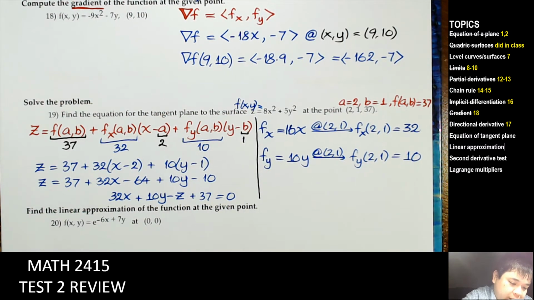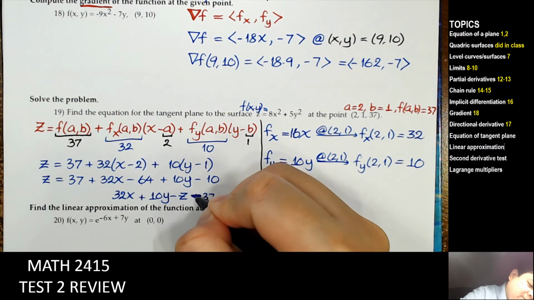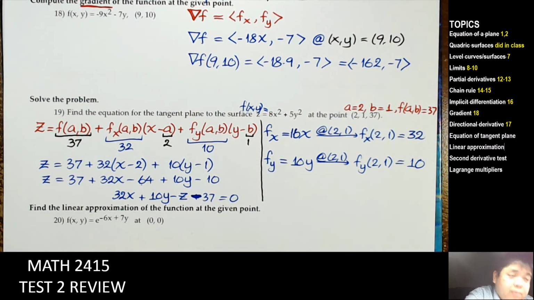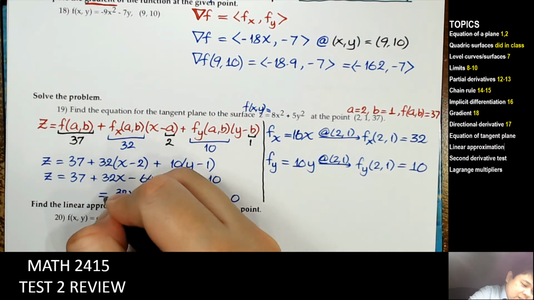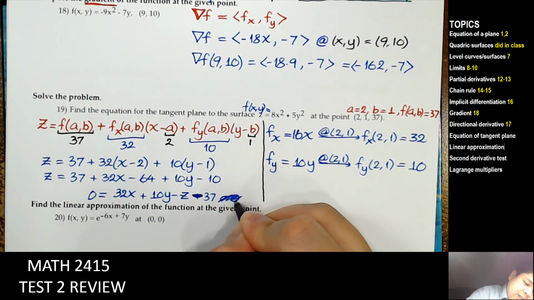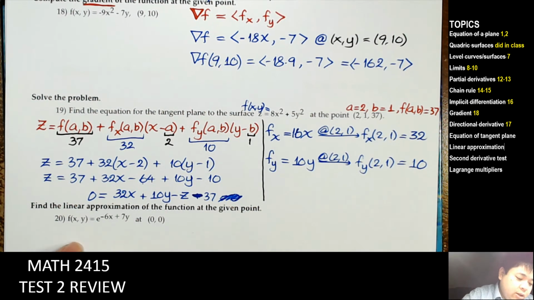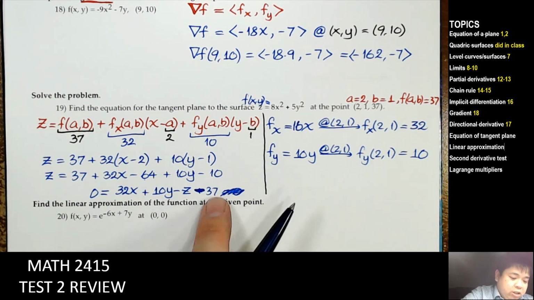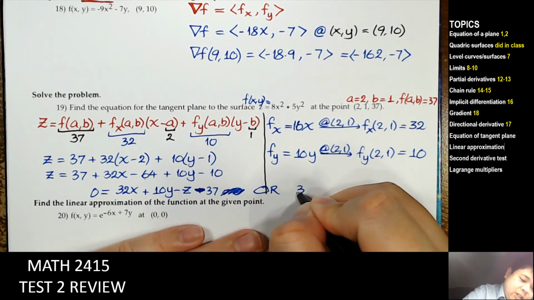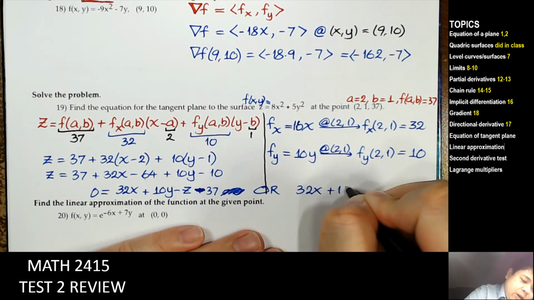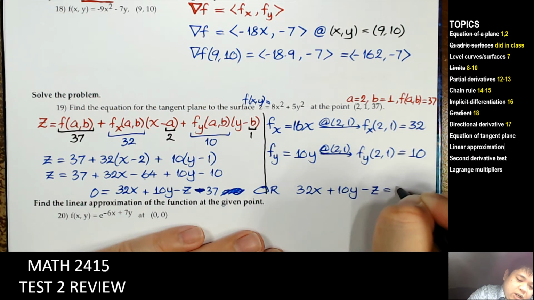Wait, negative 64, so that should be negative. Right, so we move everything to one side, the right hand side. That's what we have. Or we can move the 37 to the other side, and write 32x plus 10y minus z equals 37.